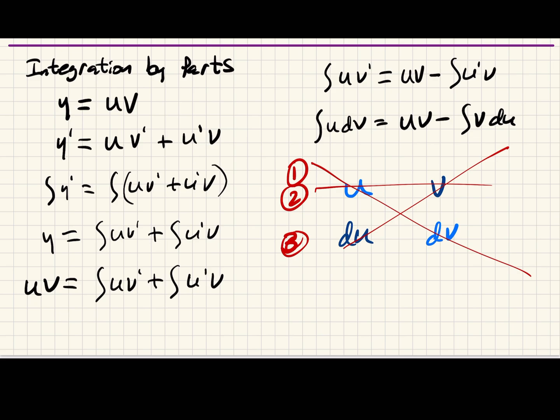So this is how I always do this. I go, okay, 1, u dv, 2, uv, 3, v du. And I make that little shape for myself and it works every time. Okay, so let's look at an example of what this would be.